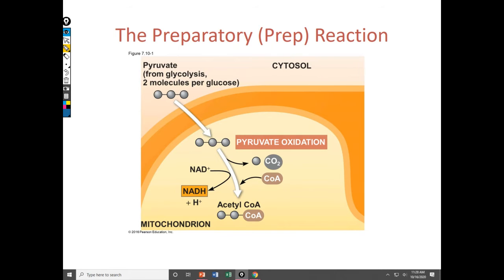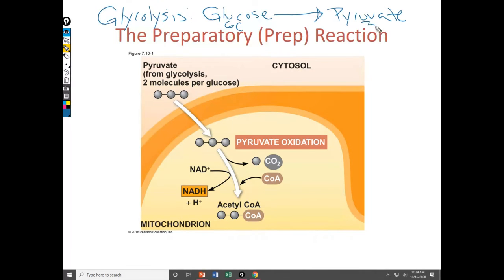Okay, so we had done the first stage, which is glycolysis. Remember that first stage took us from glucose, a 6-carbon molecule, through a series of steps to pyruvate, a 3-carbon molecule.